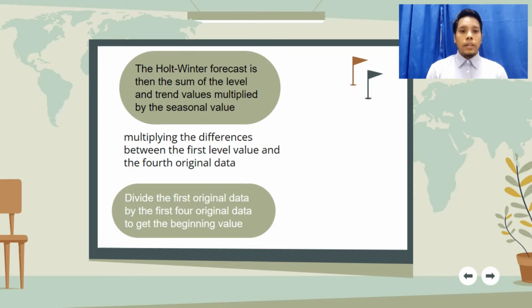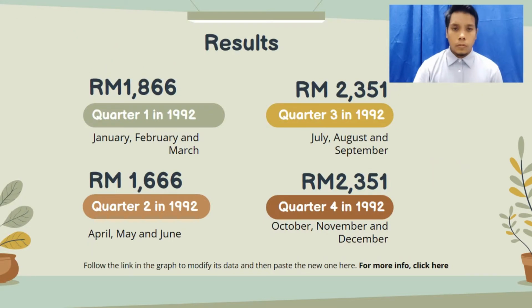Then, by multiplying the difference between the first level value and the 4th original data with the first seasonal value, the trend is calculated. The Holt-Winters forecast is then the sum of the level and the trend value multiplied by the seasonal value. By subtracting the forecast data from the original data, the error value is calculated.